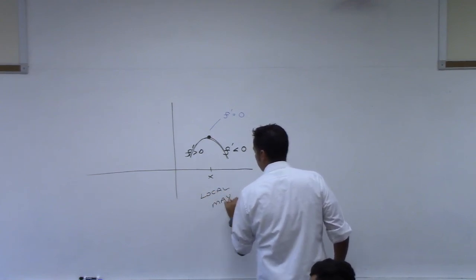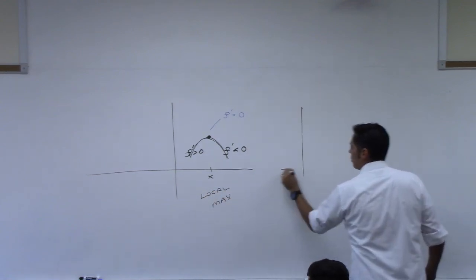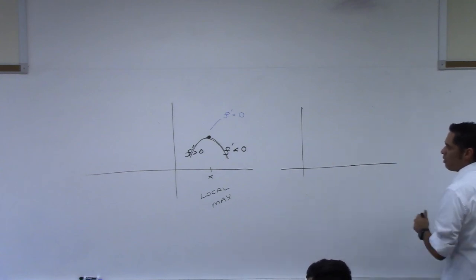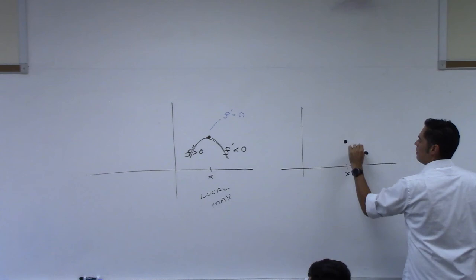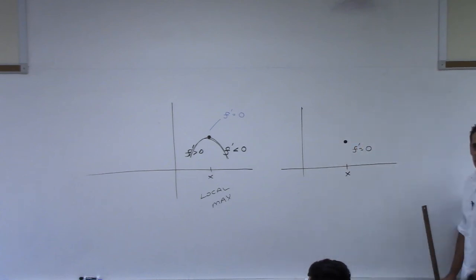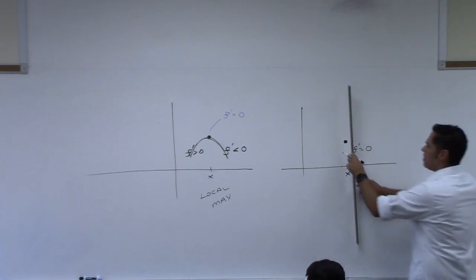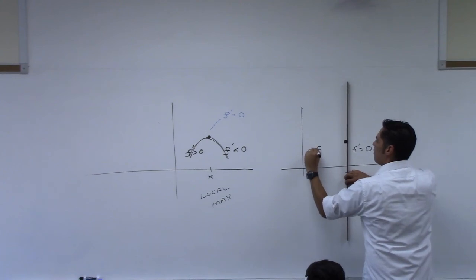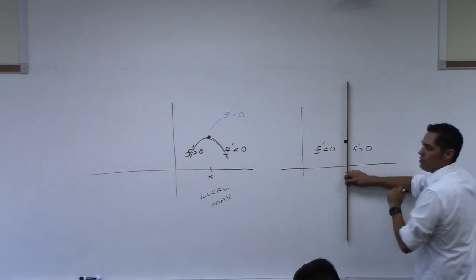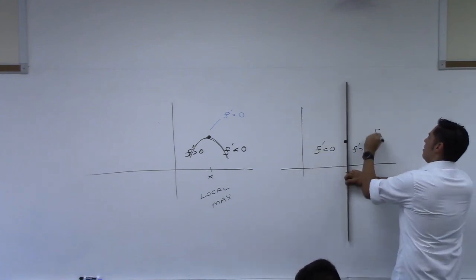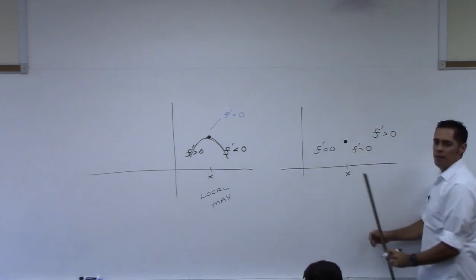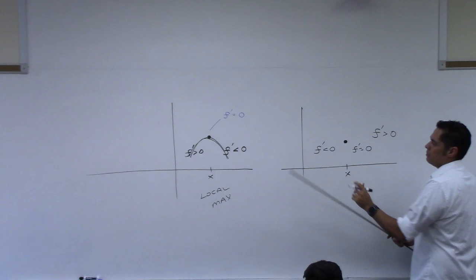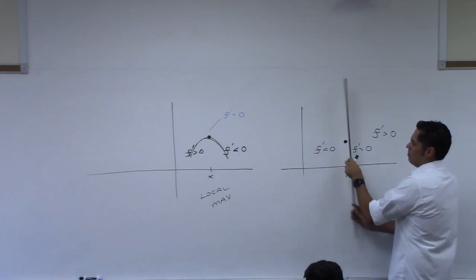I'm about to give you a definition, and this is basically what the definition is going to be doing, but not in pictures and words. What if I tell you here, I have a point, and that the derivative is 0? You still can't tell me anything, right? But what if I tell you to the left of this, the derivative is less than 0, negative, and to the right of it, the derivative is greater than 0? Then what must be happening here? It's in the middle.